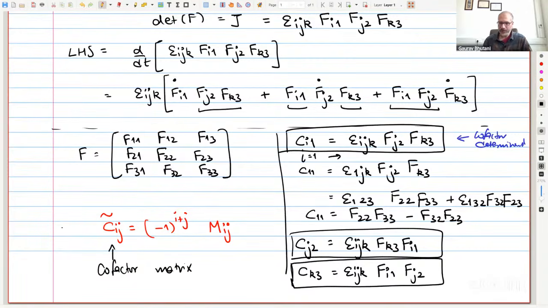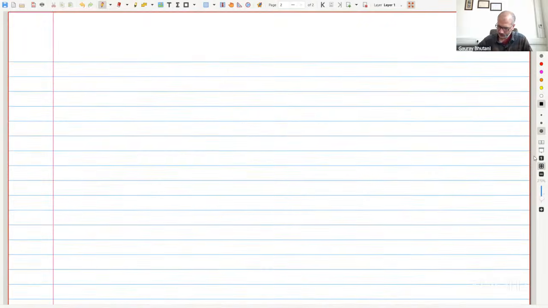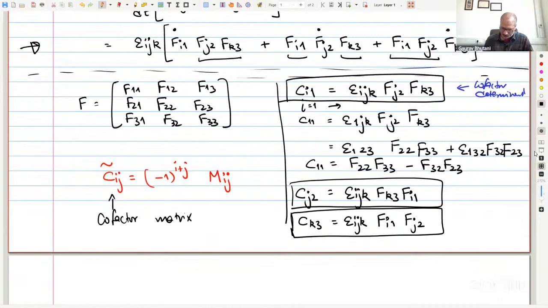So once we have these expressions, then if I substitute these back into my LHS where I parked the expression and continued with the discussion on cofactors, let's continue the discussion. So my LHS now becomes, we have an epsilon ijk that we had here, and then we had, let's say, Fi1 dot, and then we had Fj2 Fk3.